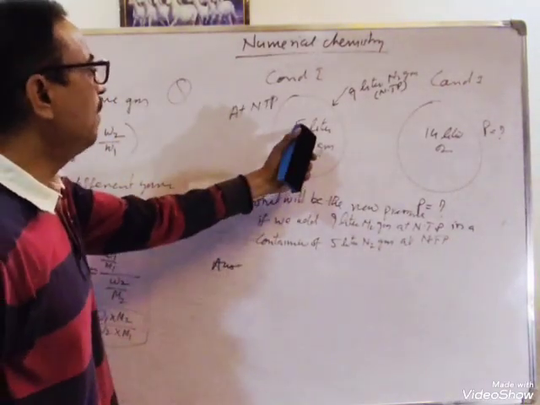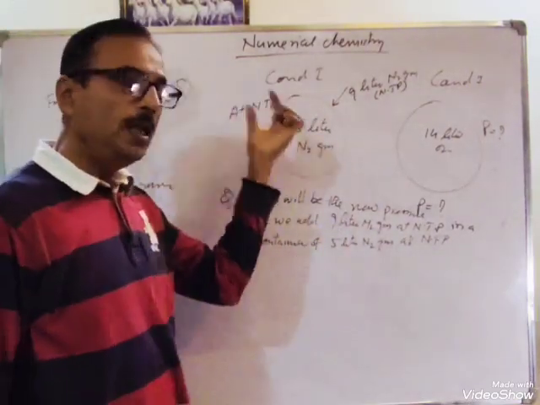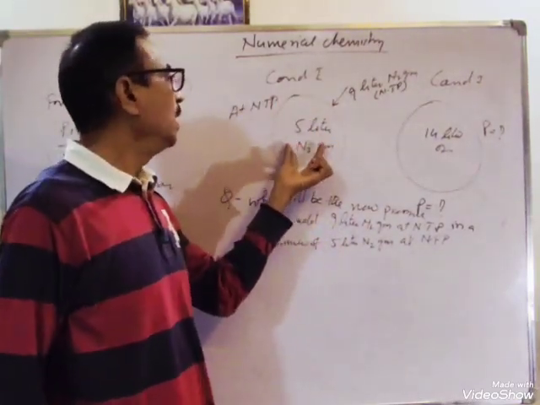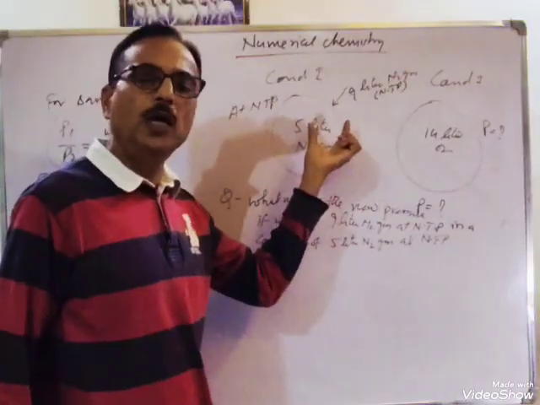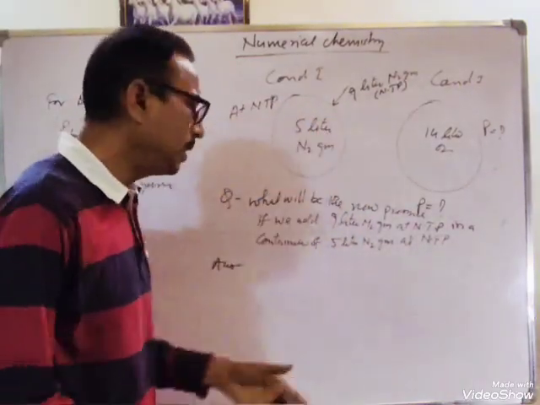Here at NTP, 5 liter nitrogen gas. You know, one mole of any gas at NTP occupies 22.4 liter volume. So how many moles in 5 liter?